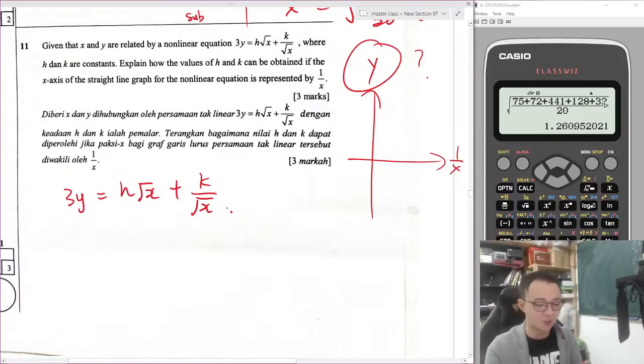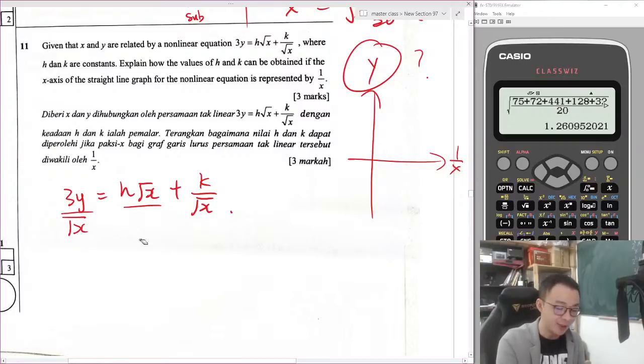In order to get 1 over x, my logic is I will just divide by square root x for every term. So I get 3y over square root x equals h plus k over x.